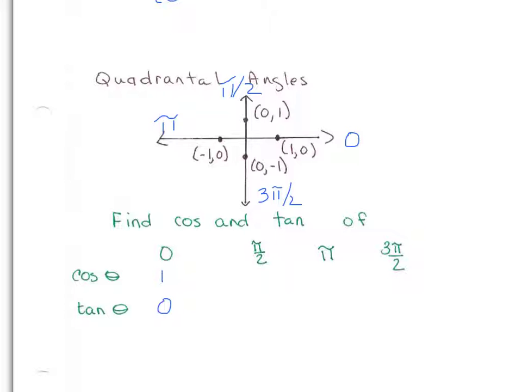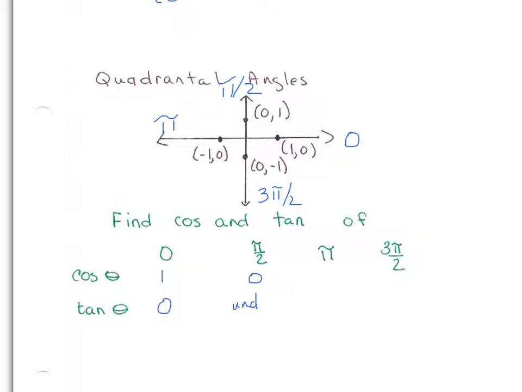Okay, what about pi over 2? What's the cosine of pi over 2? 0. Cosine of pi over 2 is 0. So what is the tangent of pi over 2? That one's undefined.